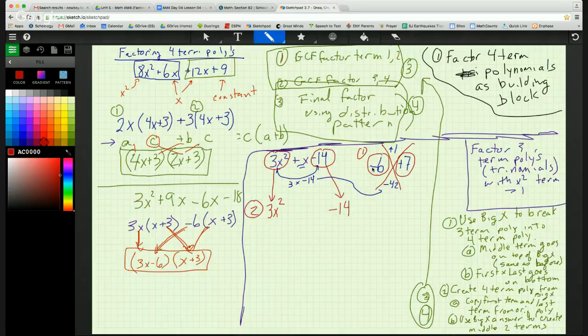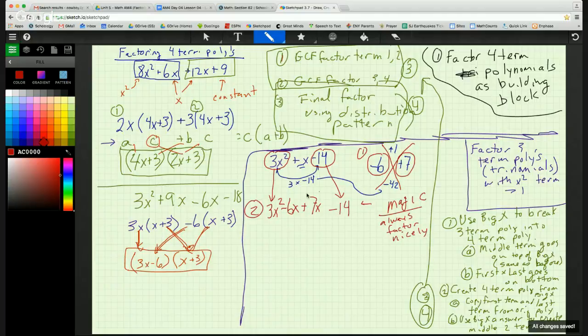So watch what I do. This is a -6, so I'm going to put a -6x here. And here I'm going to put a positive 7x. Now notice I took my answers, and I'm going to build this 4-term poly right here. And it's magic. This is complete magic. It will always factor nicely.